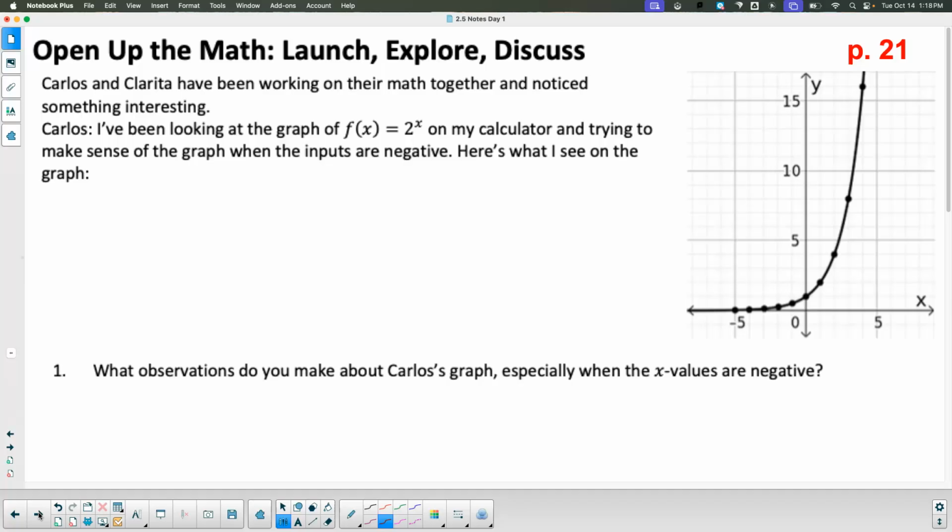Another one about the positivity of it. Look at the graph. If you want to look up here, you can look at your own graph, which is on your own paper.